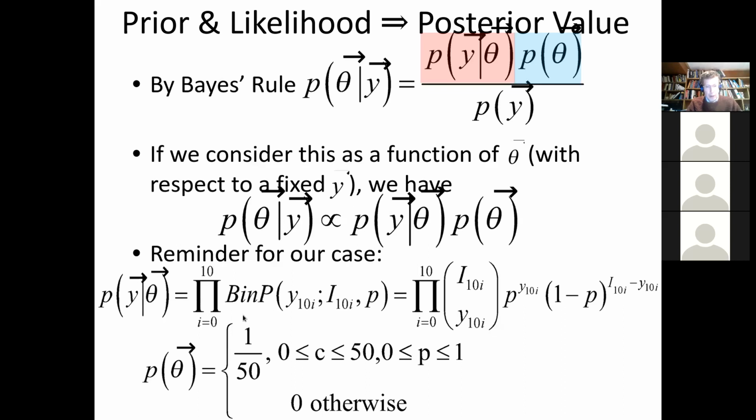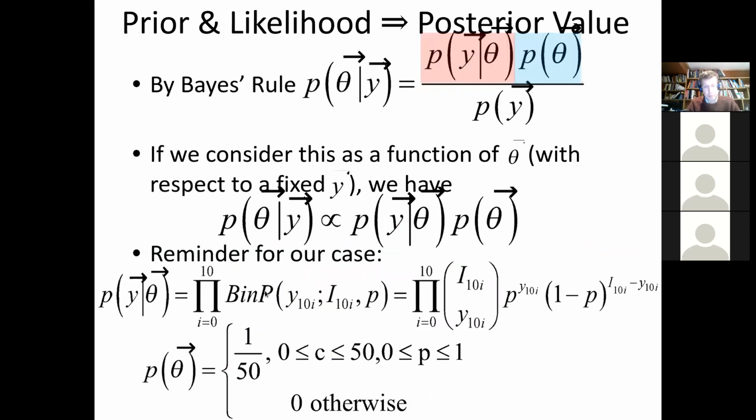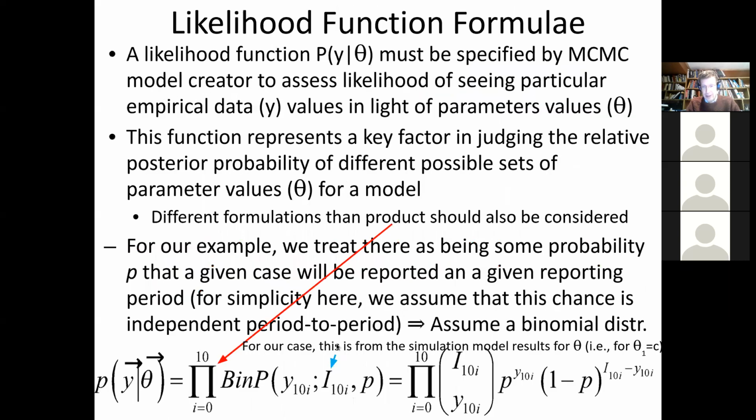Now, in this case, we can make use of this likelihood function that we specified here, that basically used the model as a key part. That's the whole trick here: the model is the intermediary between the parameter values and the observed data. We're using the model to good effect.